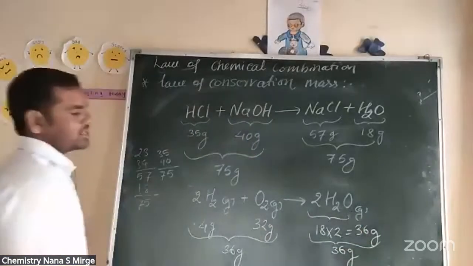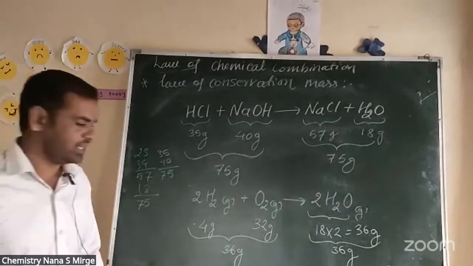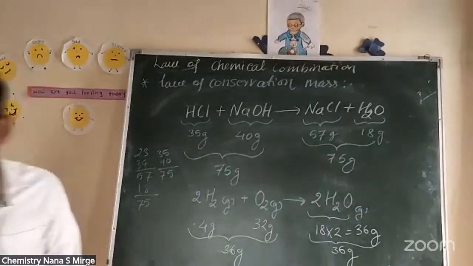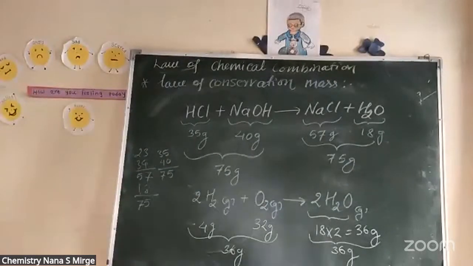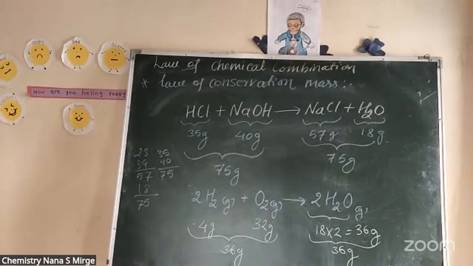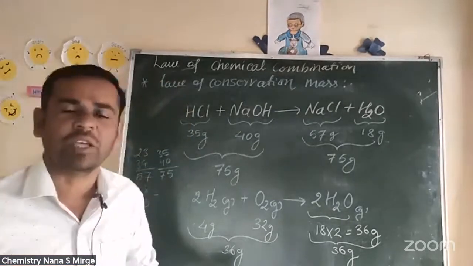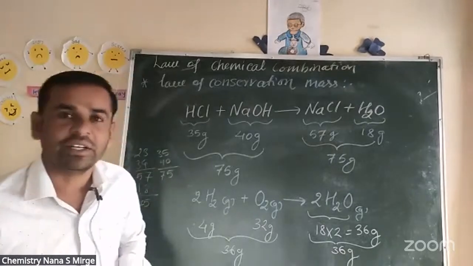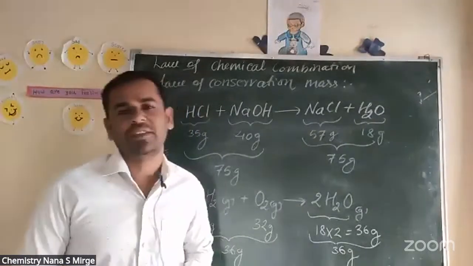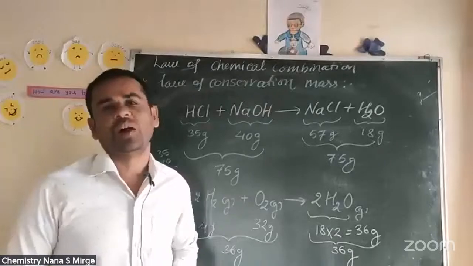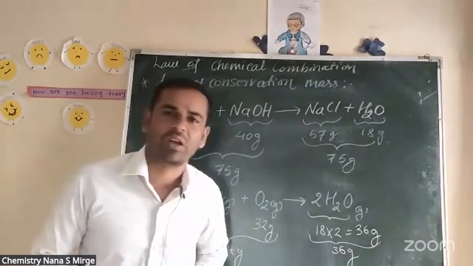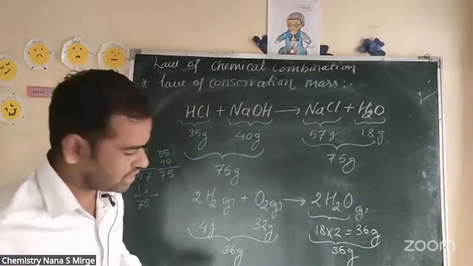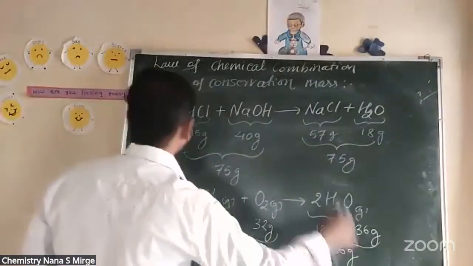So the total mass of reactant and total mass of product are equal, hence the law is proved. What you have to do here: in SPI, a theoretical question may be asked, such as how mass does not change during a chemical reaction. Mass of reactant is equal to mass of product; remember this, mass will never change. Take any reaction, as much mass as the reactants have, the products have the same. So mass does not change during a chemical reaction.